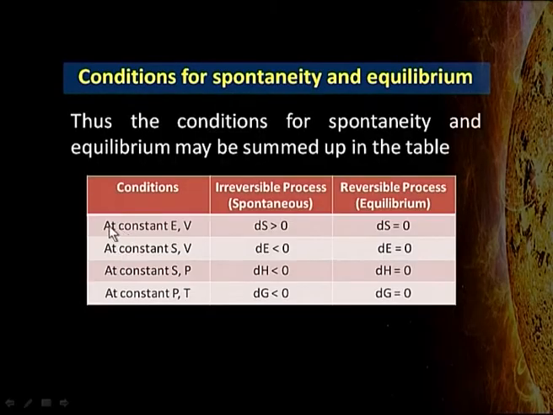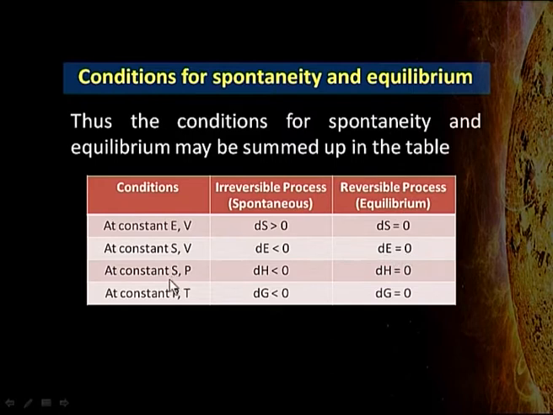From this discussion, the conditions for spontaneity and equilibrium may be summed up as: at constant internal energy and volume, dS is greater than 0 for irreversible process and dS is equal to 0 for a reversible process. At constant entropy and volume, dE is less than 0 for spontaneous or irreversible process and dE is equal to 0 for reversible process or at equilibrium.